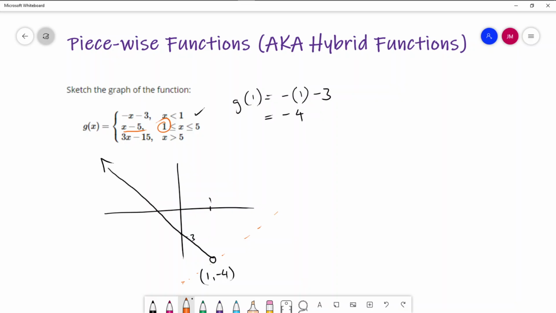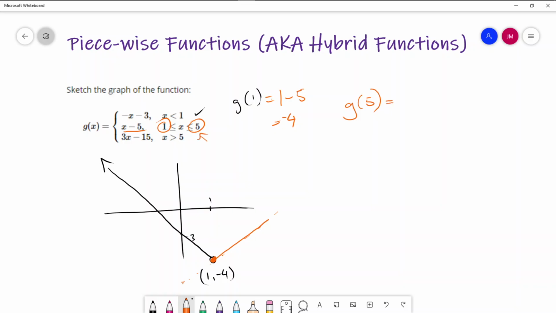So if I substitute in 1 for that equation, g of 1, I'd get 1 minus 5, which is negative 4. So good news is it starts at that point. So it's a colored in circle, and it's got a gradient of 1, so it's going to be going up this way. Now it goes all the way up to x equals 5. So let's find g of 5 to find out where it ends.